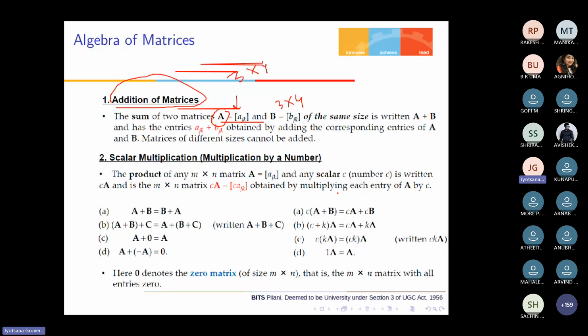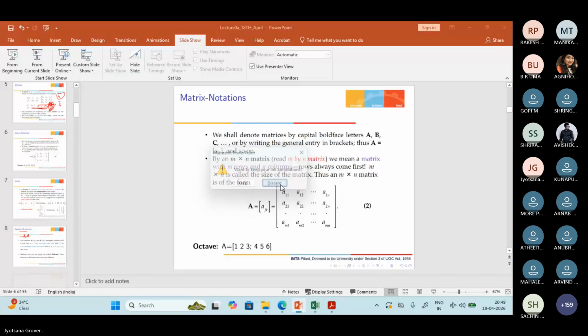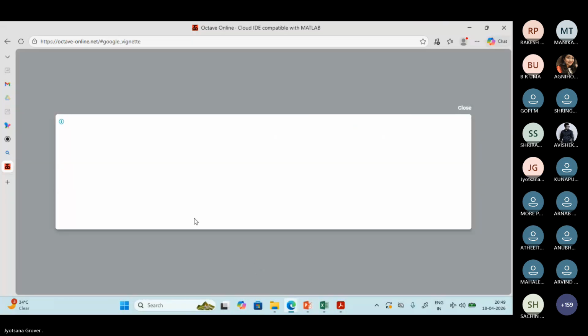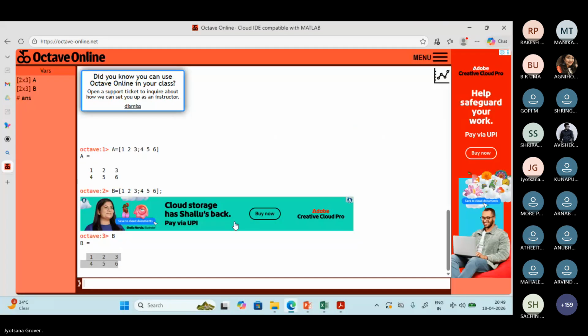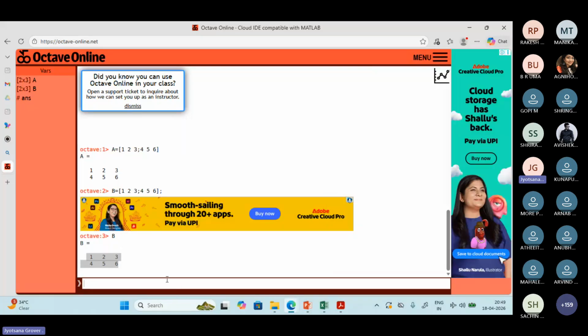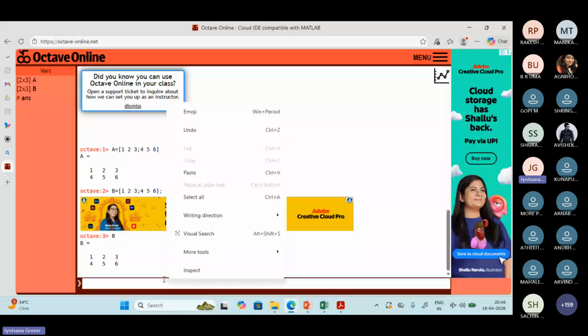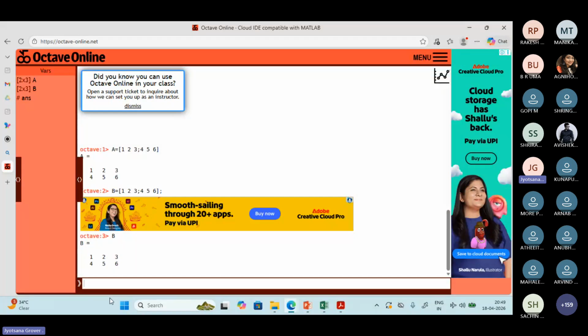So for example, if I have it in Octave, I don't know why this is opening. Okay, B is this. Suppose I have another matrix C. C is 9, 7, 2, semicolon, then 1, 5, 6.